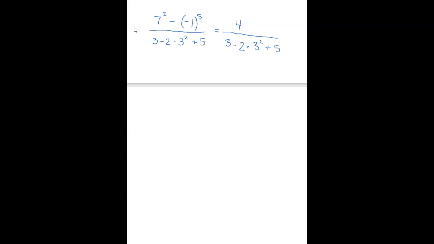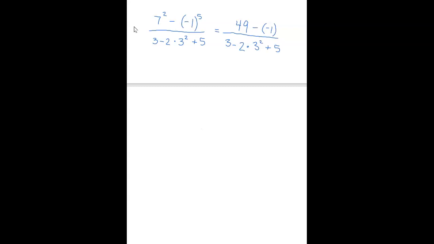Similarly, if I have an odd numbered exponent and it's operating on a negative number, my result has to be negative. Because negative 1 times negative 1 is a positive 1, and then I multiply it once more by a negative, that's going to give me a negative value. So in this case, I'm going to have 49 minus a negative 1.